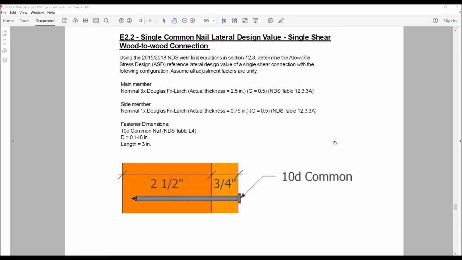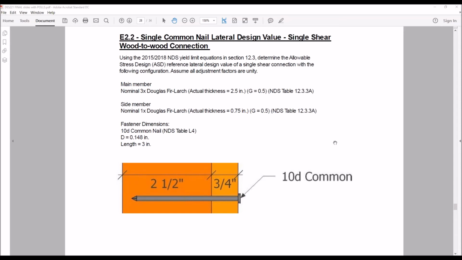So for this example, we have a nominal 3x Douglas fir large member as our main member, and our side member is a nominal 1x Douglas fir large member. We're connecting these two members with a 10D common nail, and you can see the dimensions there that were taken out of table L4.